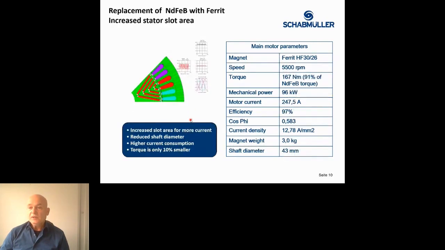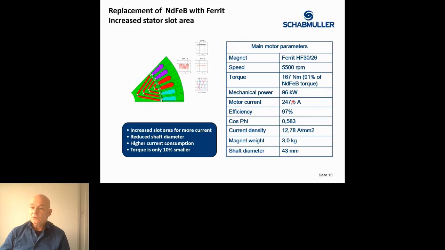The next slide is showing a totally different arrangement, trying to place as much magnet material as possible into the rotor. Now it is done in a fully different way. It's a V shape. It has multiple layers of magnet material embedded into the rotor. One can see, now we are already at 91% of the original torque. We are higher in power, of course. Again, we have to apply more current.